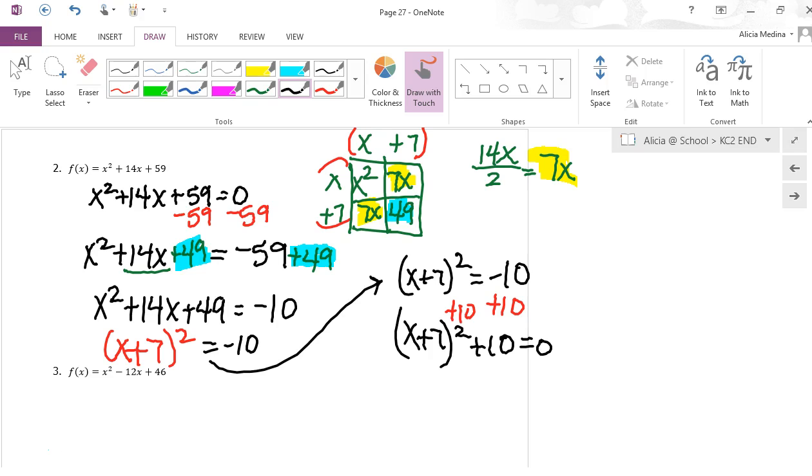State my vertex point. Always take the opposite of that x value, so that would be a negative 7. Keep that y value the same, so 10. So my vertex point is negative 7, 10.